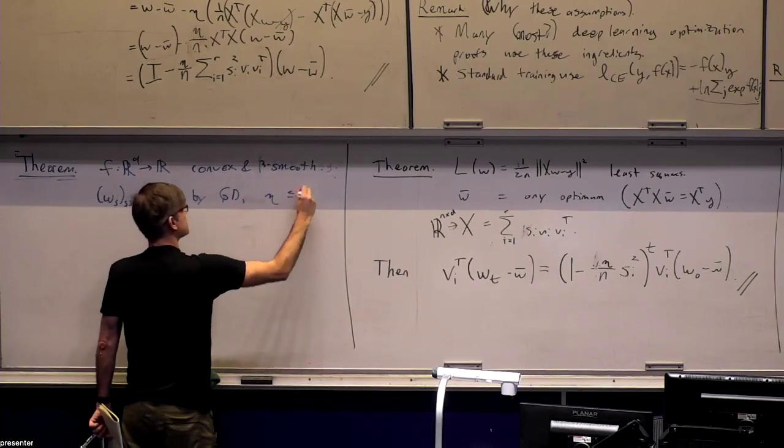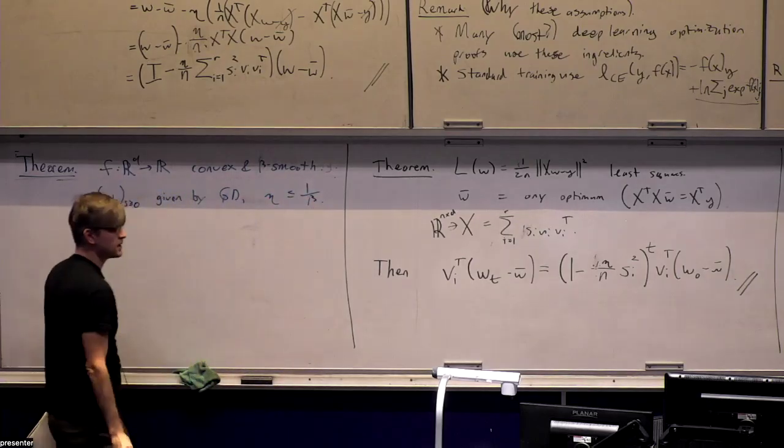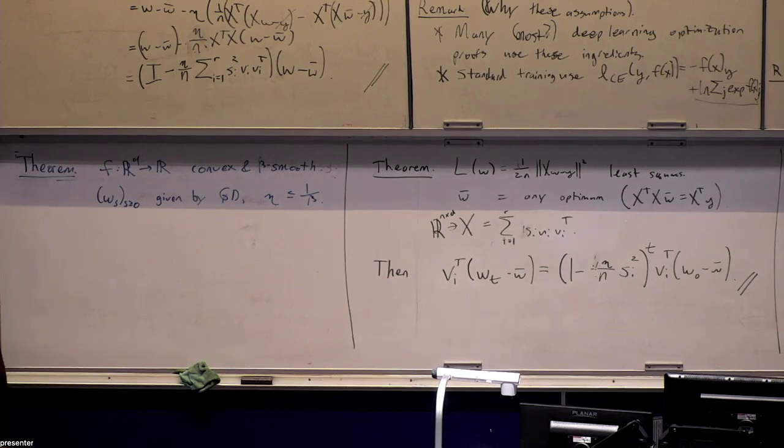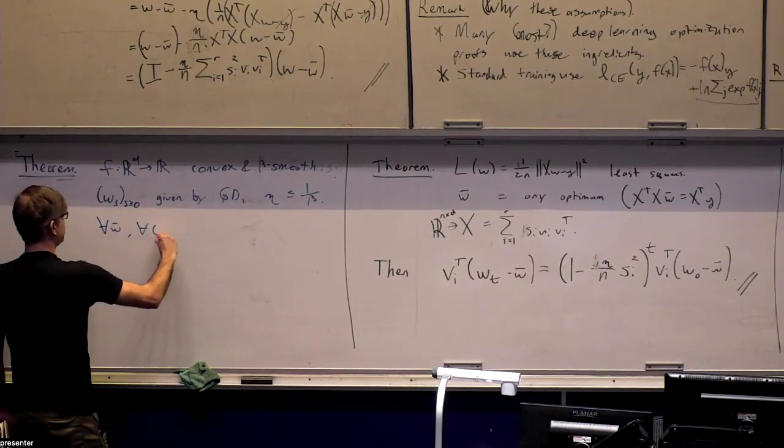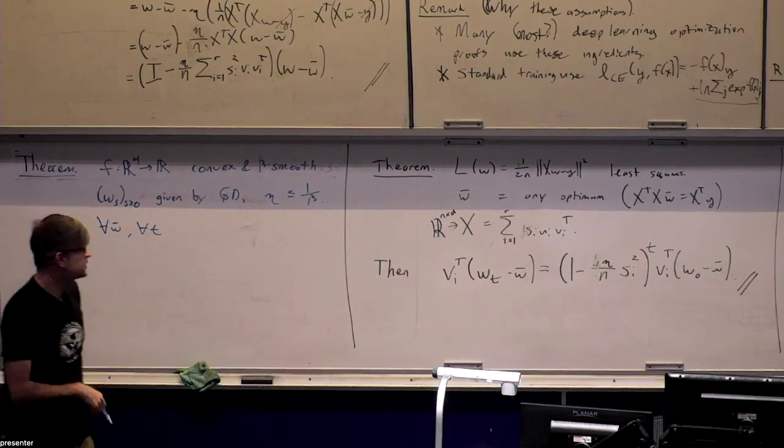So I'm using this small step size. Okay, then for all W bar and for all T, let me just explain what W bar is here.